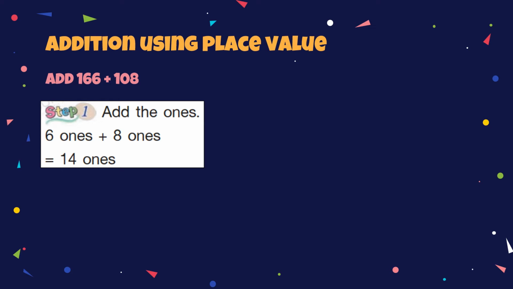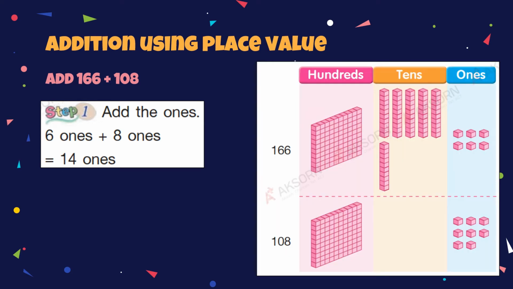using the place value. Here we have 6 ones: 1, 2, 3, 4, 5, and 6. Then we're going to add 8 ones: 6, 7, 8, 9, 10, 11, 12, 13, and 14.